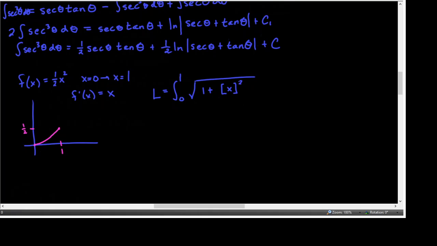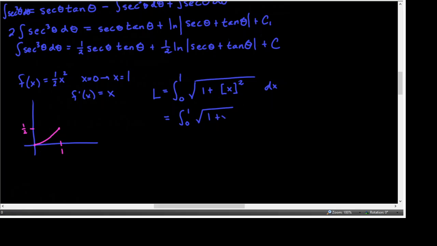Our first derivative was x, and that'll be squared, dx. You may notice that this one fits the bill of being one of those that we could do because it is in the form a squared plus u squared.